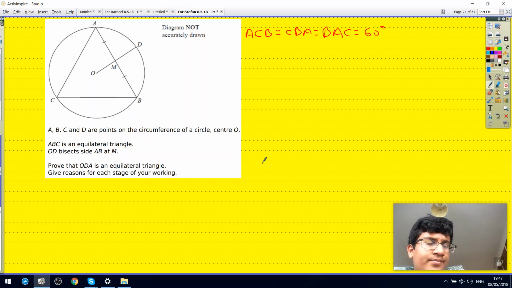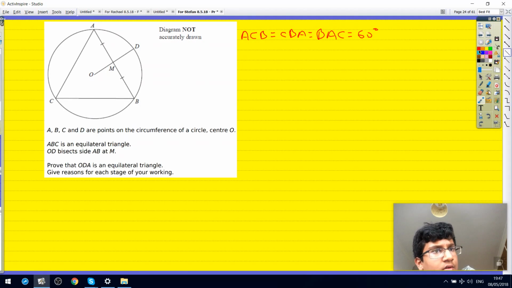The same size. So it means AM equals MB because M is the midpoint. So if M is the midpoint, we could get that subtending rule. If you draw two lines.